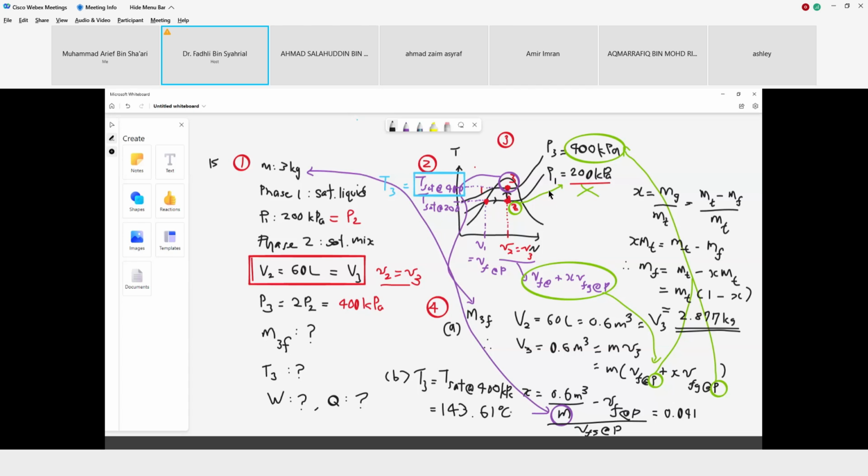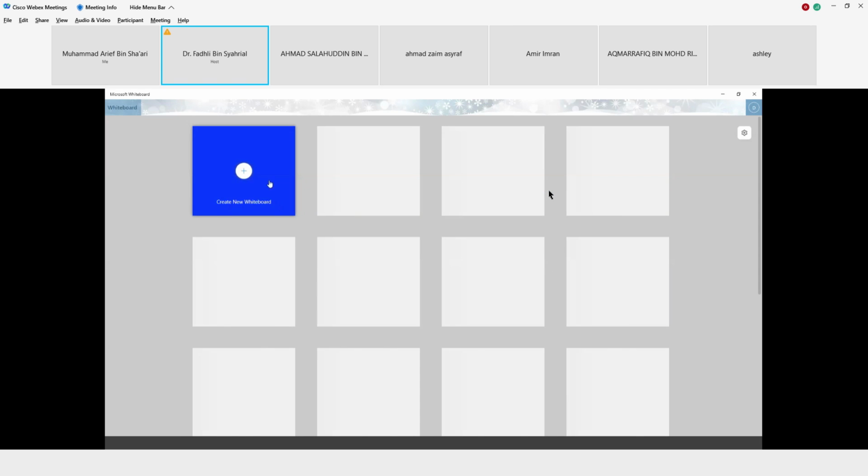As long as we have PV diagram, know how to analyze the diagram, then we can answer the question very easily. For example, this question B. Okay, next. So C, move to a new whiteboard.